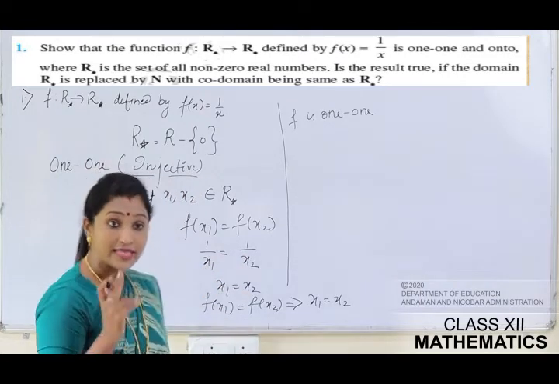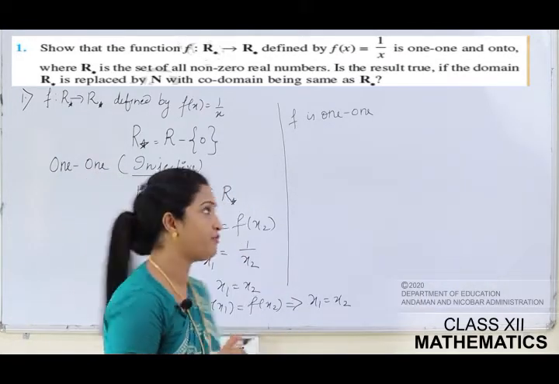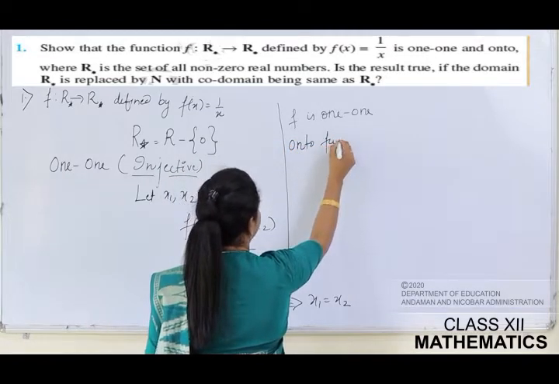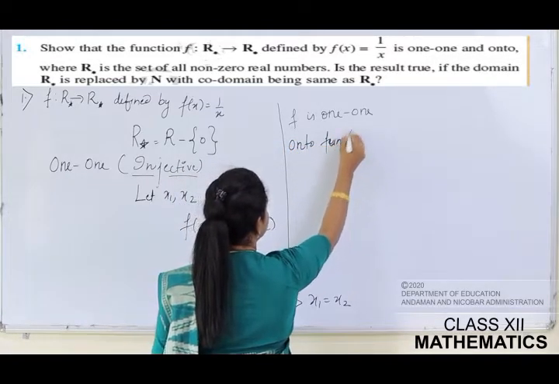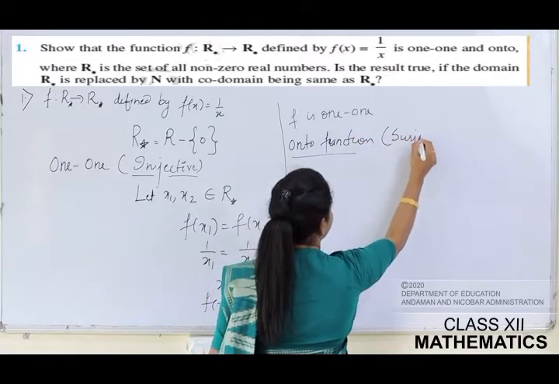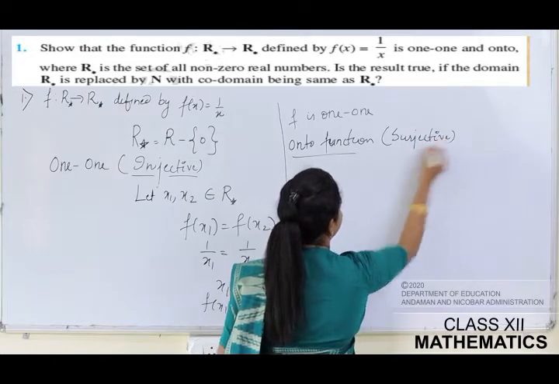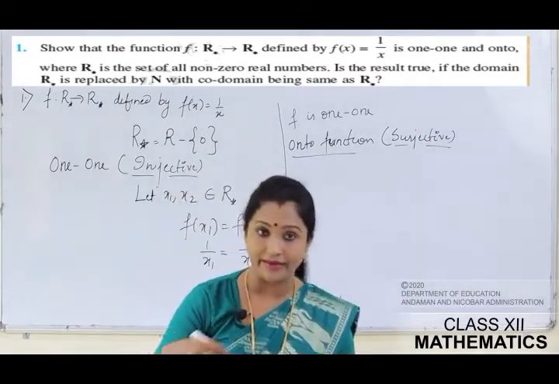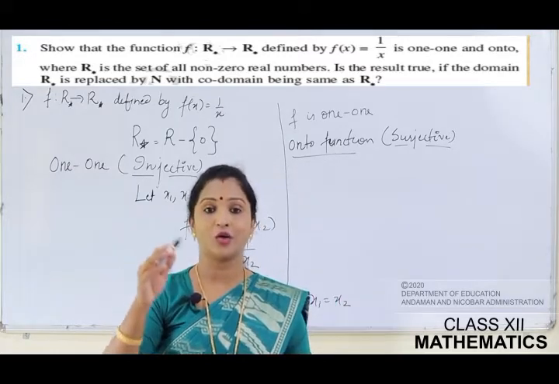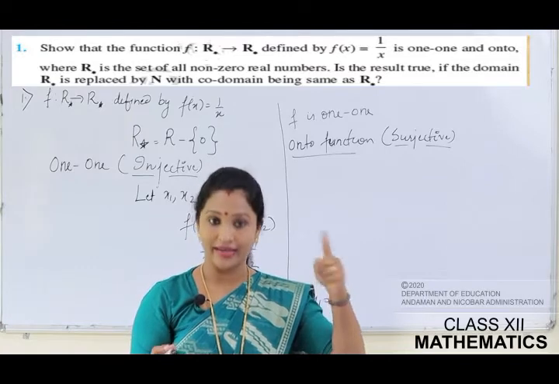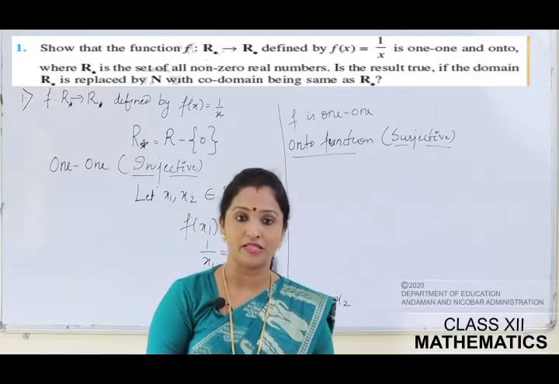Now the second is you have to prove the onto function. Let's see how to prove the onto function. Onto means surjective. Now onto means, I told you, that for every y in the codomain there should be an x in capital X, in the domain, such that f(x) is equal to y.